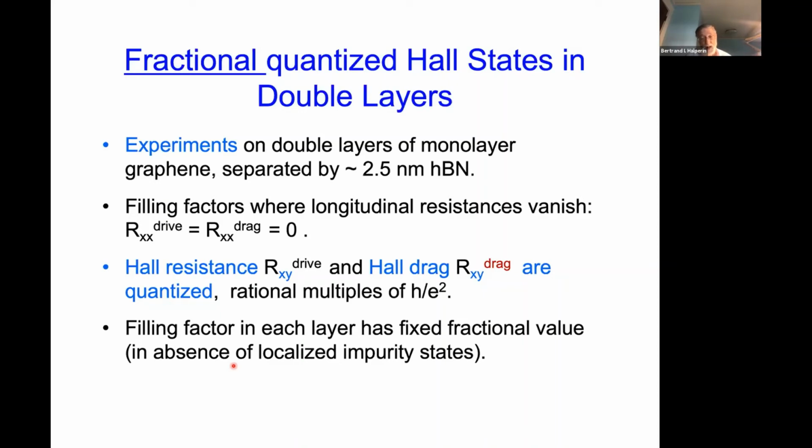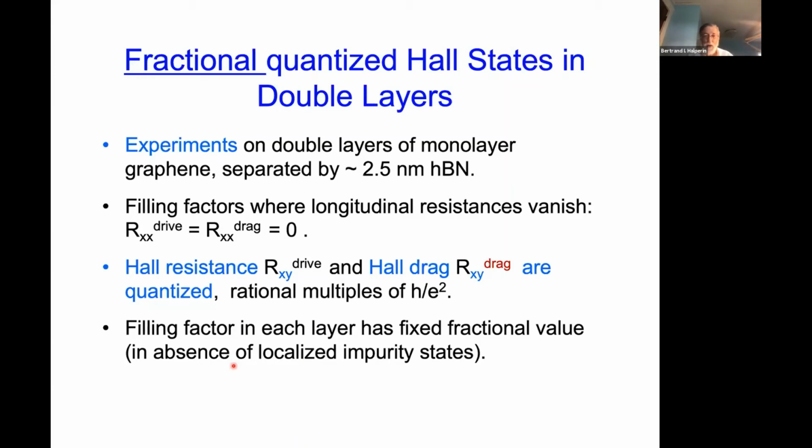And it looks like they don't really see condensation when one or the other layer is in an n equals 1 state, if I recall correctly. At least it's certainly much stronger where they're in n equals 0 states. The n equals 0 states have narrower orbitals, and maybe that's part of the reason.